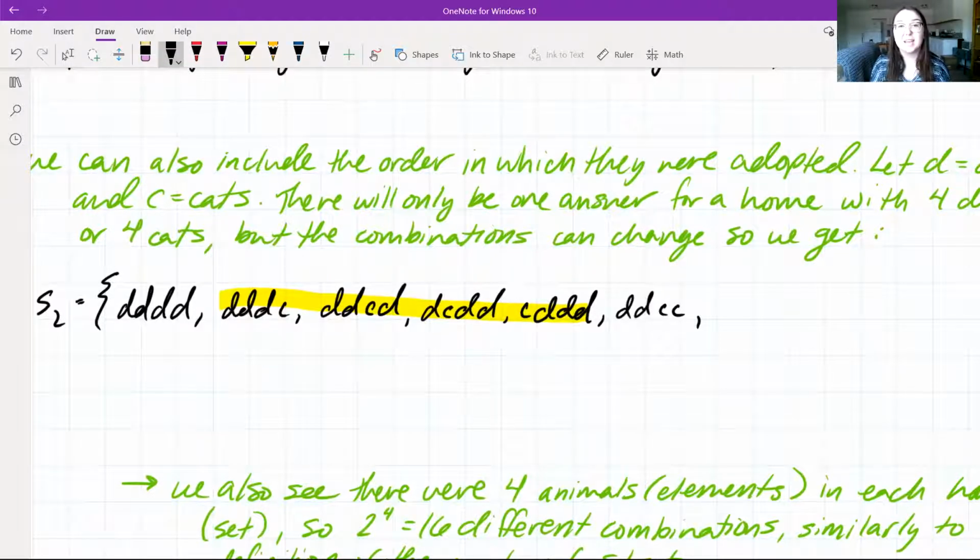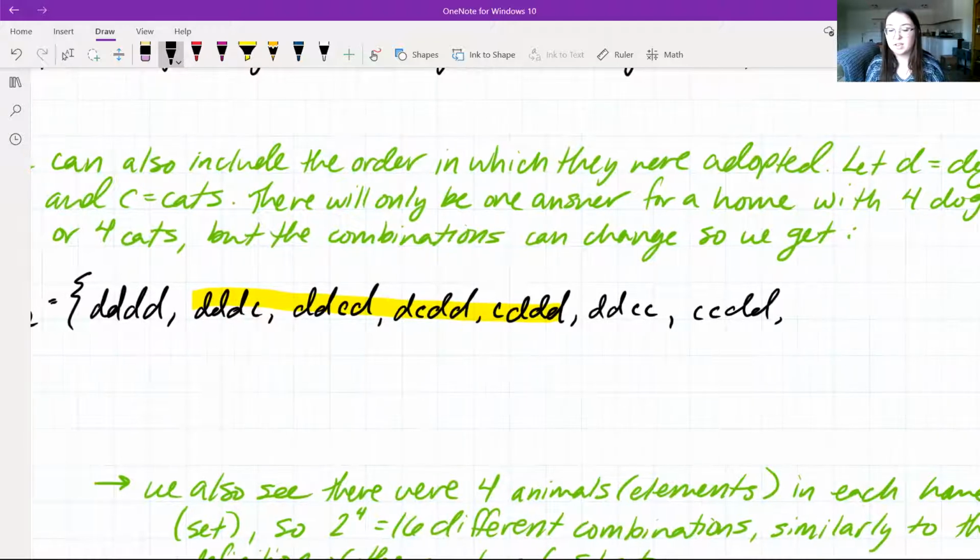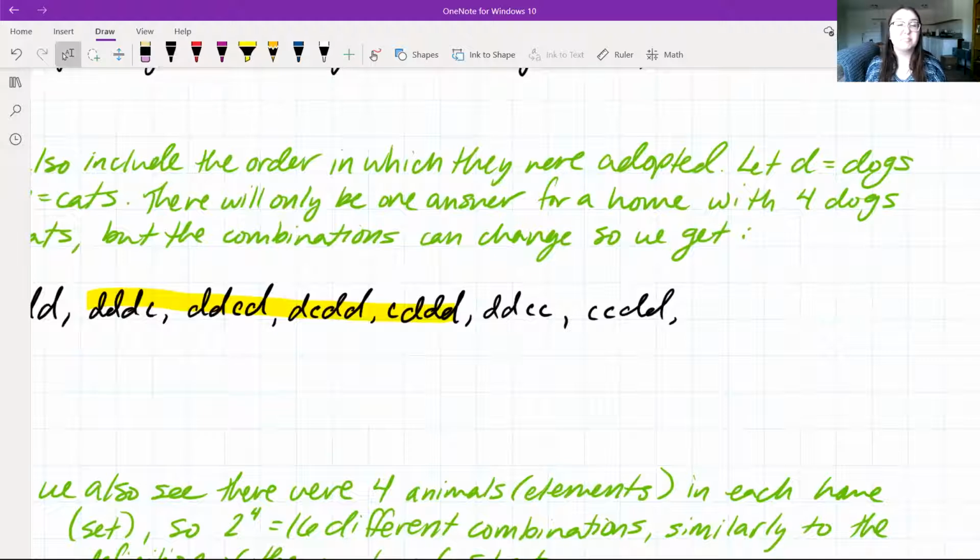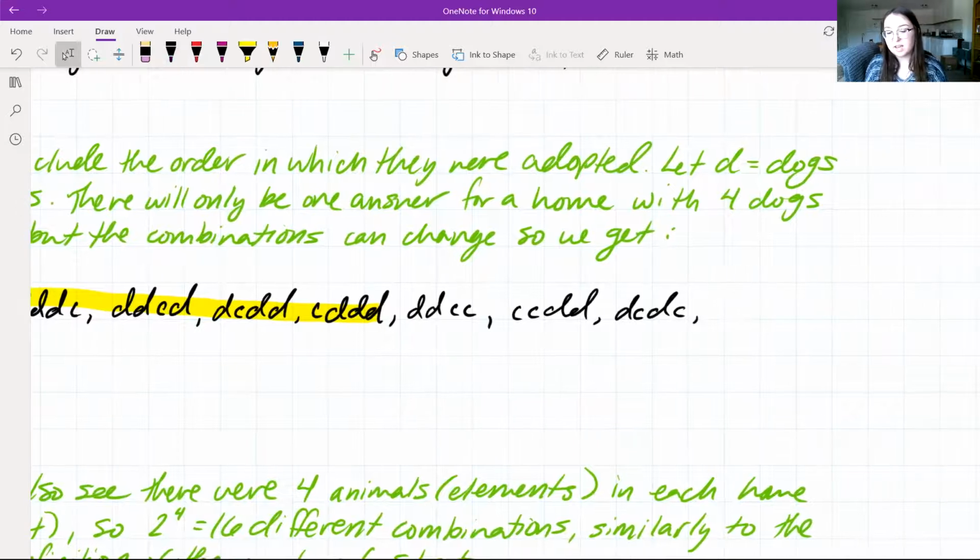Let's say we adopted the cats first and the dogs second. So we can say cat, cat, dog, dog. And now let's alternate, starting with dog. So let's say dog, cat, dog, cat. And let's do the same thing, alternating, but flipped. So now we have cat, dog, cat, dog.